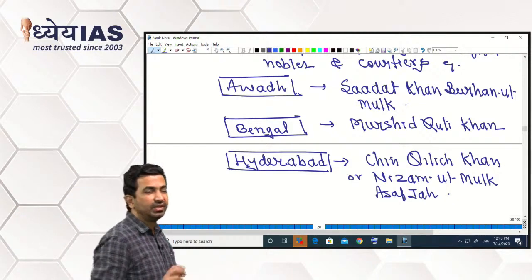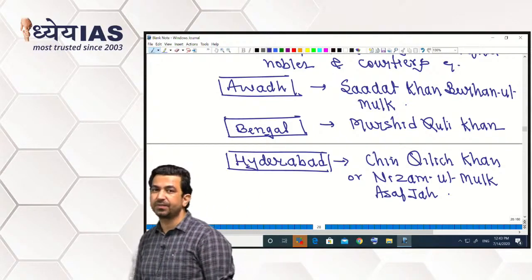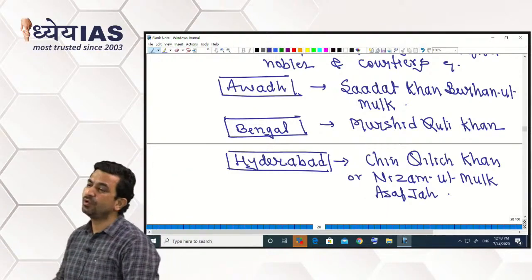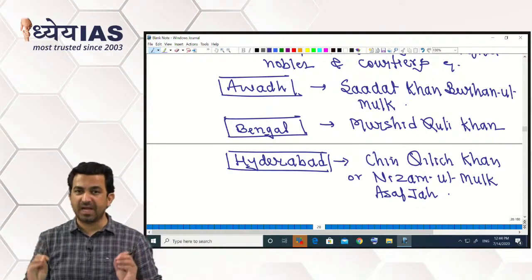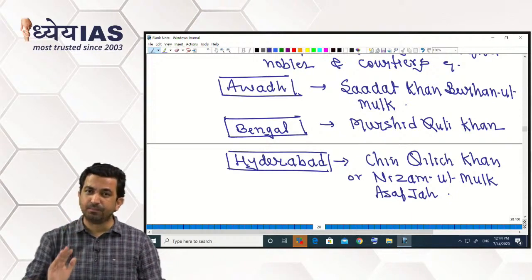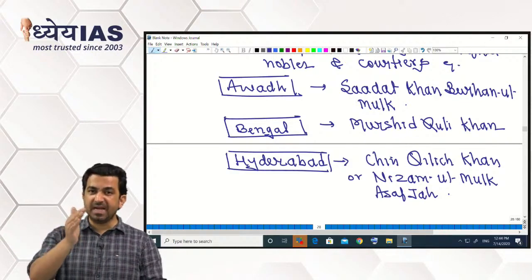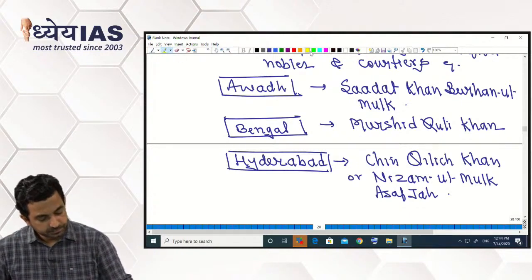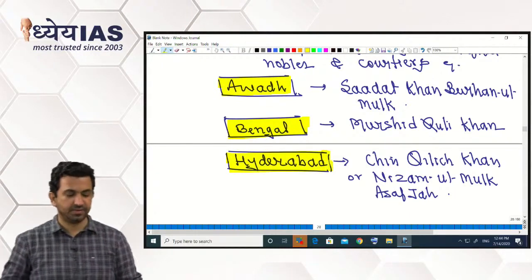Okay, so there is no need to mug up these facts. There is no need to remember these facts because you have to keep in mind only one sentence, that is political fragmentation and declining authority of the Mughal emperors. For that reason, semi-independent states were established like Awadh, Bengal and Hyderabad.